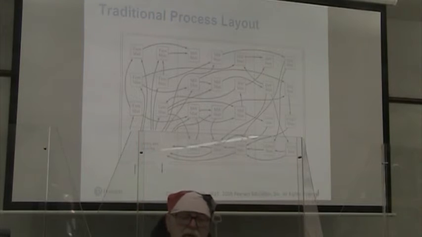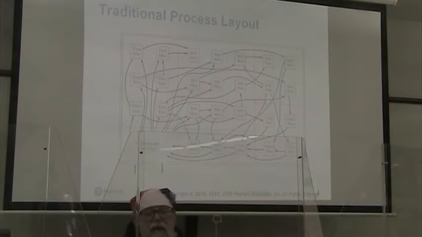All right, so in a traditional process layout, we have shipping and receiving, from which we have stock and parts that are going out to different machines to be turned into the parts that are needed.